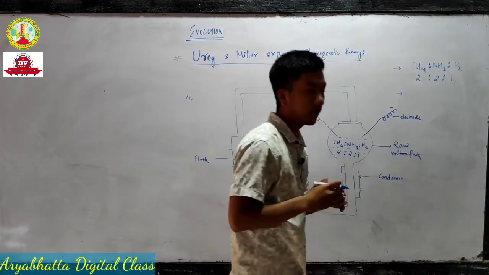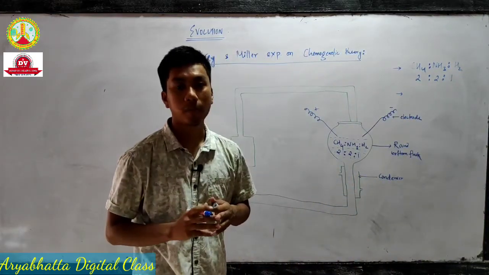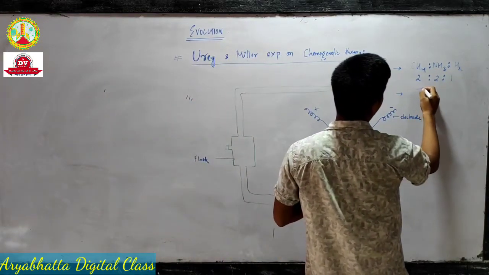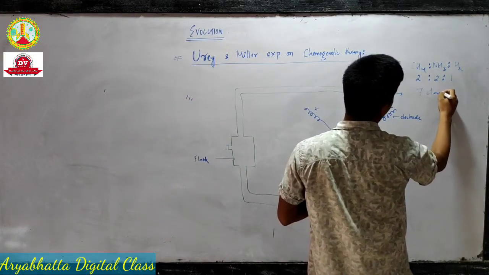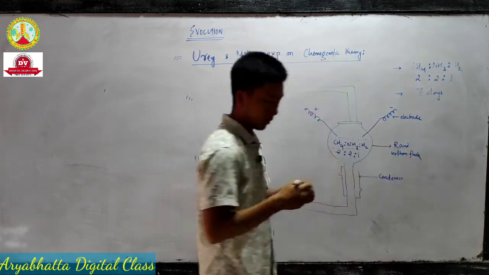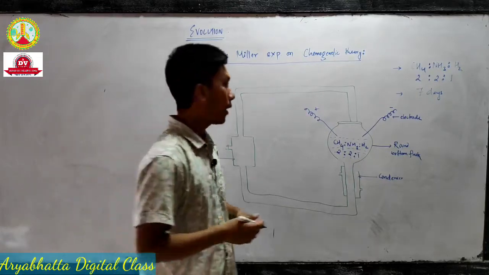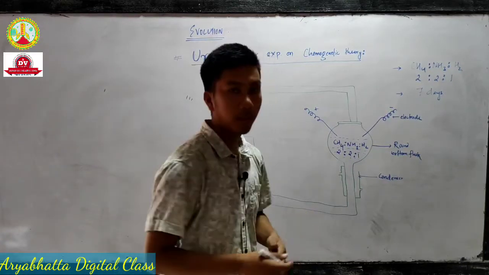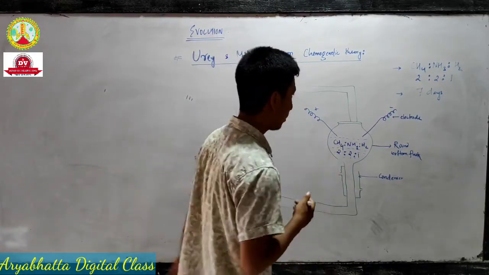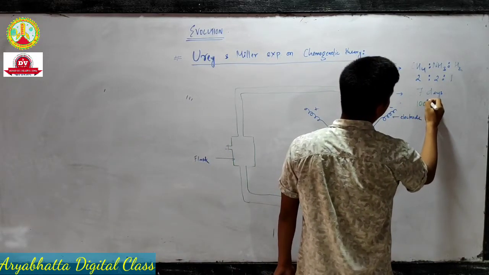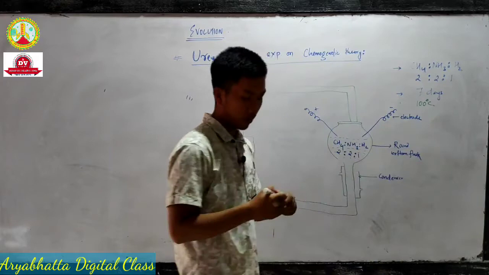And they performed this experiment for about 7 days. So they performed their experiment for about 7 days, and the temperature they kept at about 400 degrees Celsius inside this round bottom flask.